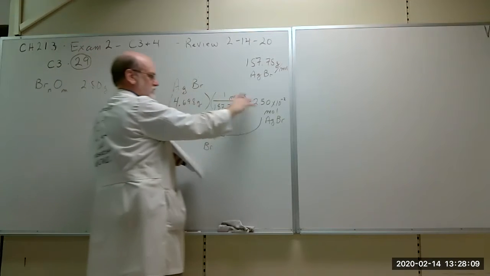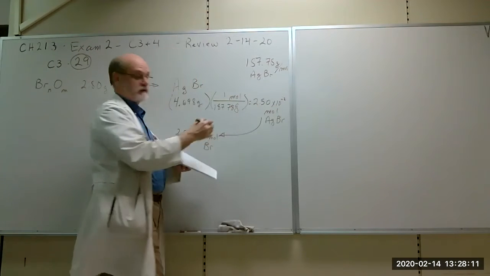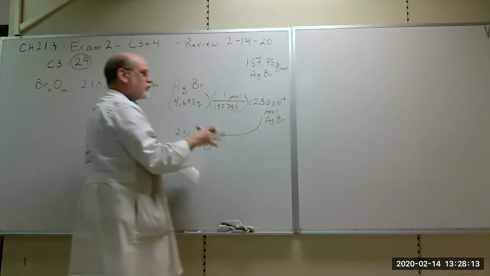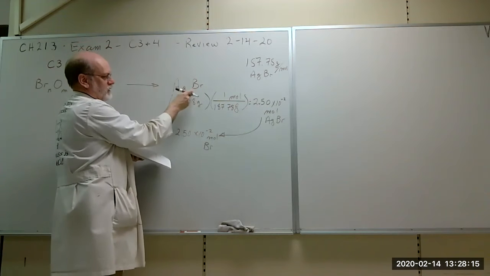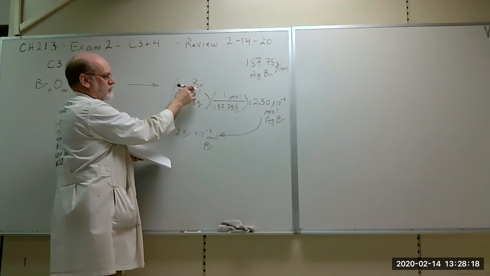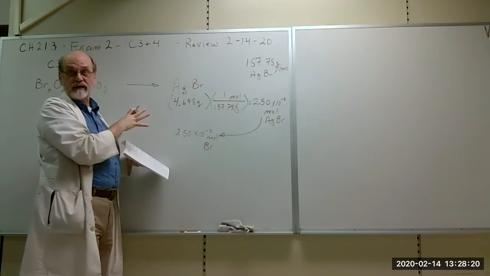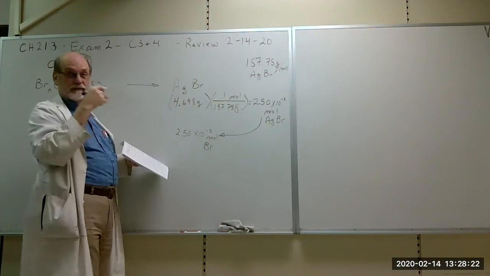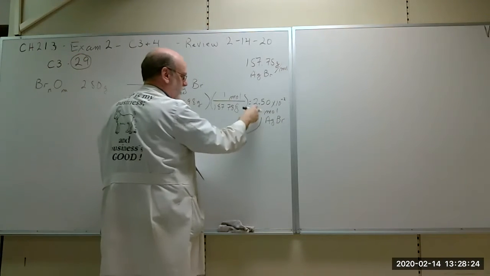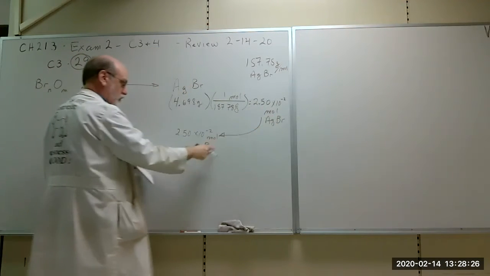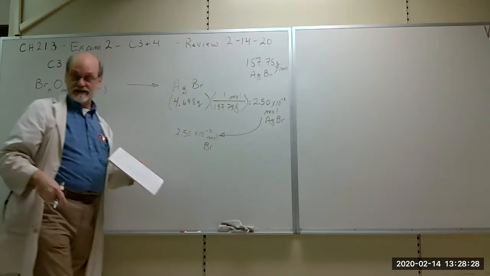It's just that conversion. This is how many moles of silver bromide you have. Then we use the ratio. There's one bromine for every mole of silver bromide. It's one to one, right?